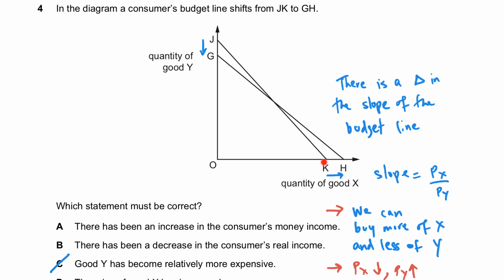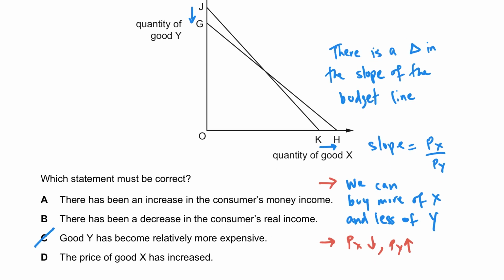Since we can buy more of X and less of Y, as can be seen from the budget line, we can say X is becoming relatively cheaper than Y, and in other words, answer C would be right, which says good Y has become relatively more expensive, or good X has become relatively cheaper.